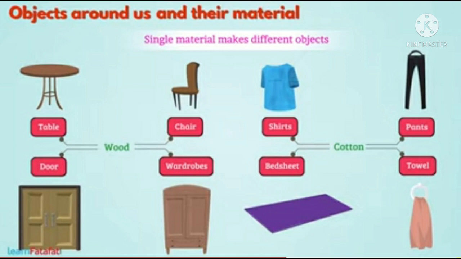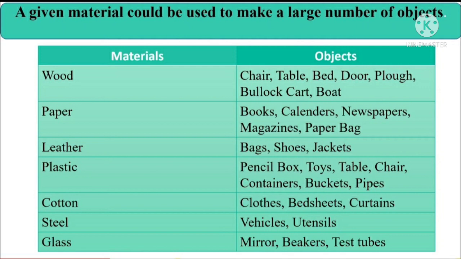For example, wood is a single material and from wood we can make different kinds of objects like table, door, chair, etc. Like that, cotton is a single material. From cotton we can make different objects like towel, bedsheet, pants, clothes, etc. Here are some examples for single material makes different objects.